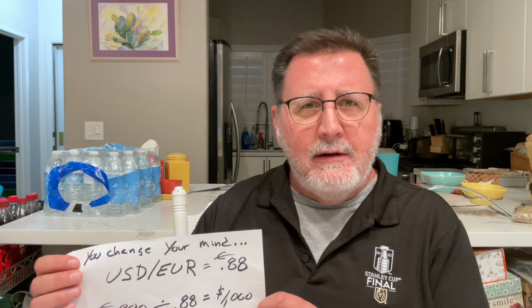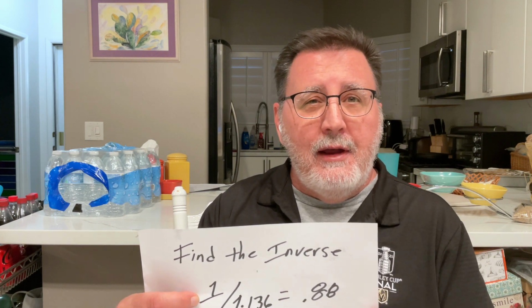Then with your handy dandy calculator, figure out how much it would have been if you did the opposite, which we have right here. You come up with 0.88. All you've got to do is take that €1 and divide it by what you paid for it, 1.131, and there's your 0.88. Just play around for a little bit. You'll see how it all works.